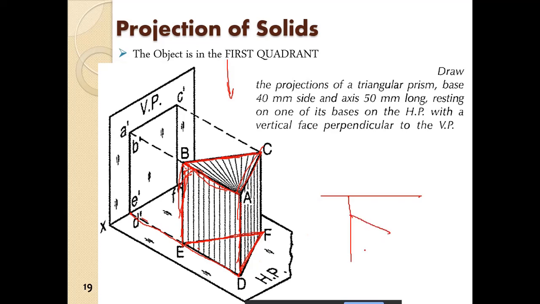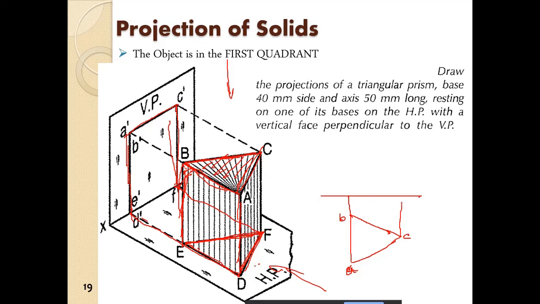So that will be small b, c, and small a. So this is the top view projected on the horizontal plane, and then from the front, we project the point F, and we get the front view.